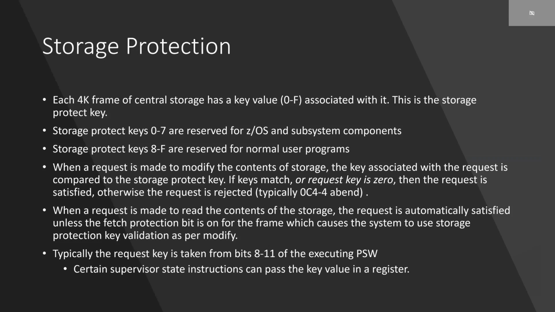Storage protect keys 0 through 7 are reserved for the operating system itself and major subsystem components and other authorized software providers. Storage protect keys 8 through F are for your normal user programs, and we pretty much only use 8 for most people, and there's 9 for CICS as well. So we only pretty much use 2 of the user mode storage protect keys.